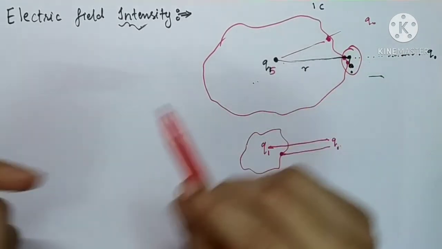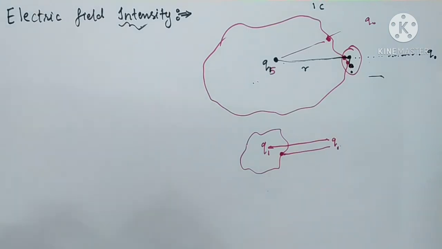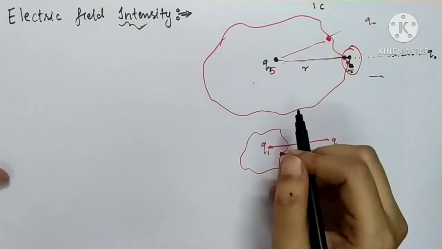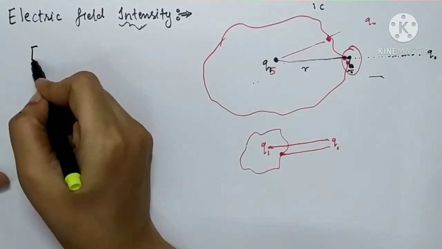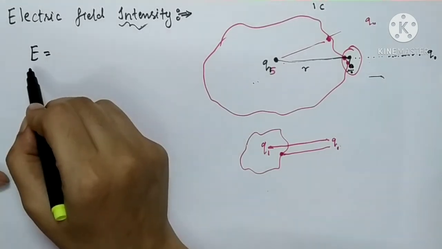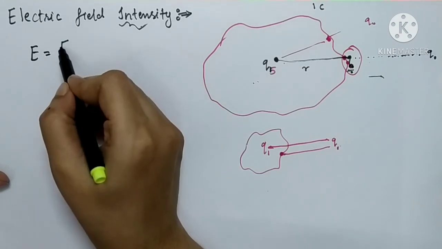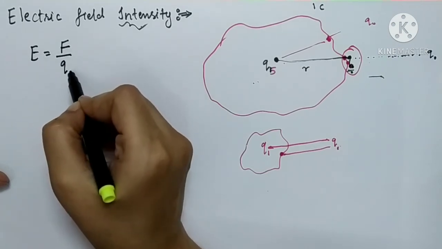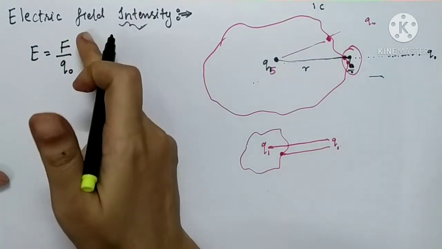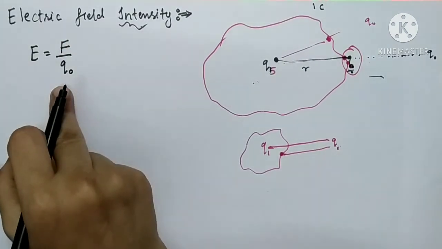So mathematically it is defined as the force of attraction or repulsion experienced per unit test charge. The formula for the electric field, written as capital E, is nothing but the force experienced by any test charge, F upon Q0, the force experienced per unit test charge.